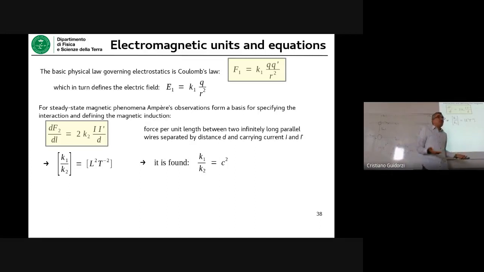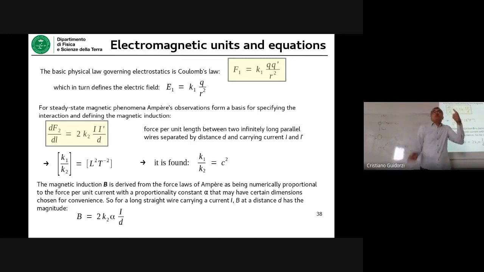But you can also measure experimentally, and you see that in the vacuum, this is just c squared, the speed of light squared. This already introduces a constraint between K1 and K2. You can choose K1 and K2, but you have to consider this constraint. You cannot choose both of them independently. That's the point I'm making. But still, there's one degree of freedom left. So depending on what choice you make, you end up with a different system of units.